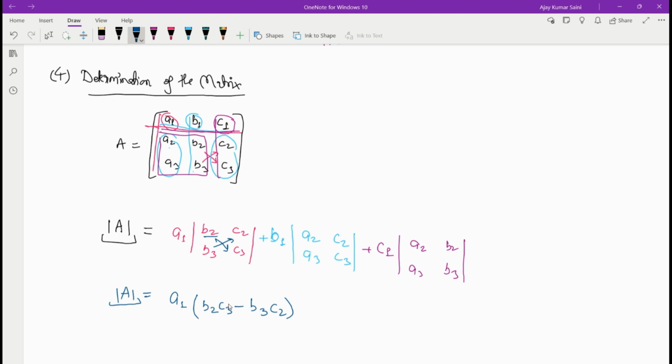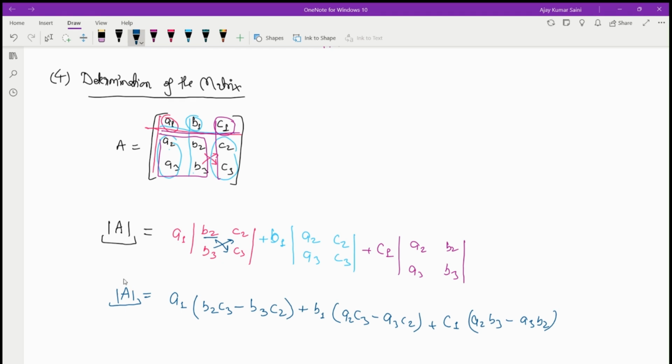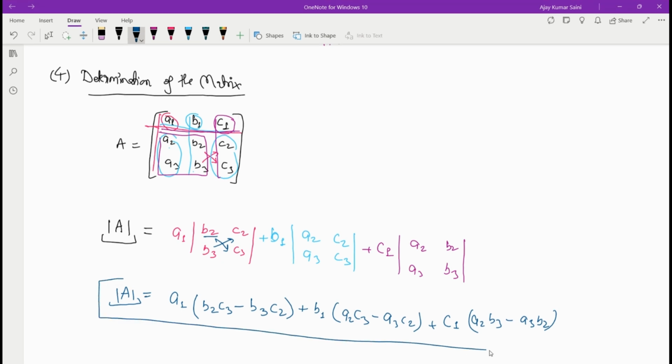Similarly, I can also do it for these two. So plus b1 into a2 c3 minus a3 c2, plus c1 into a2 b3 minus a3 b2. So this is the main basic term to find the determinant.